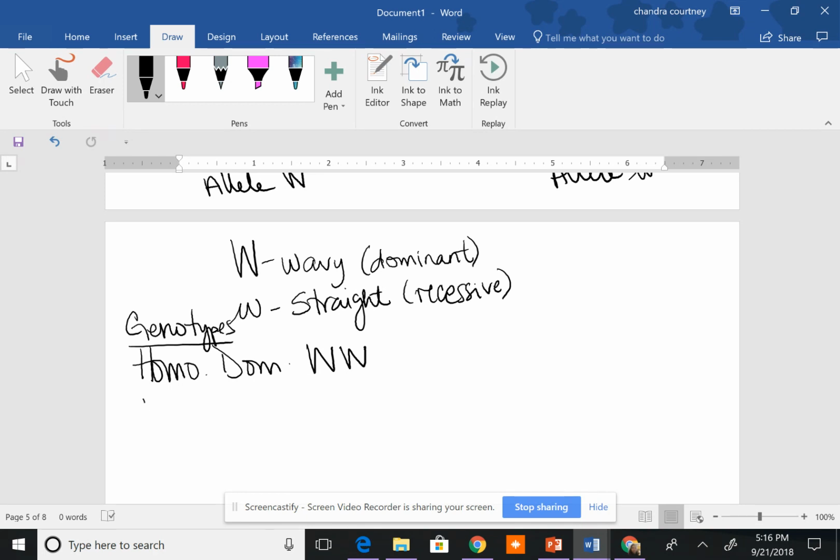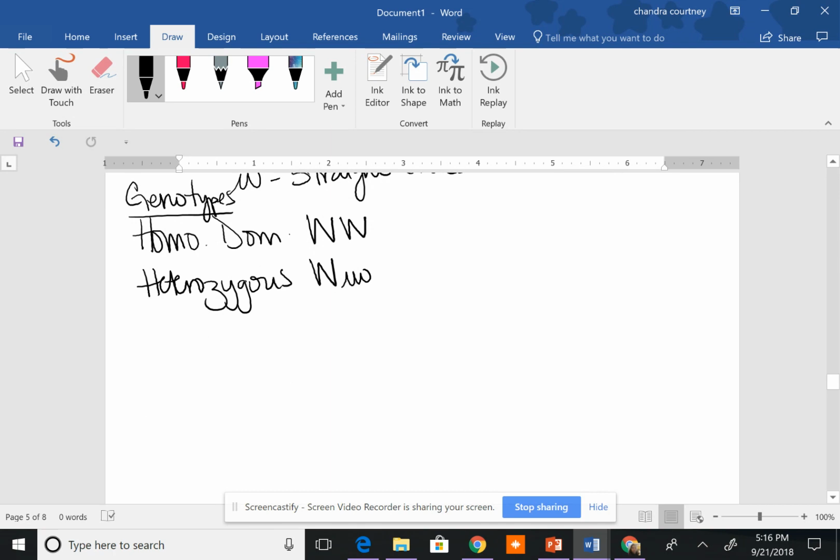You can be heterozygous and be big W, little w. And you can be homozygous recessive, where you're little w, little w. Okay, that's for our genotypes. There'll always be three of them.